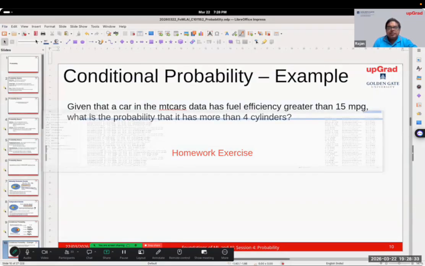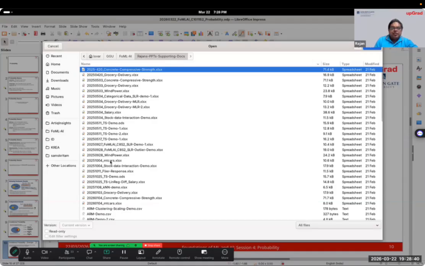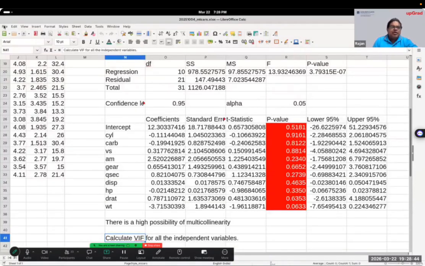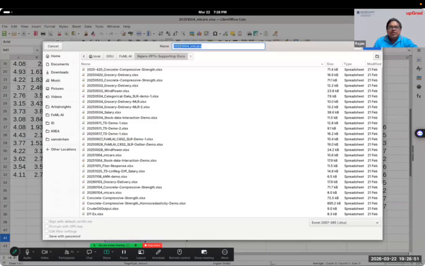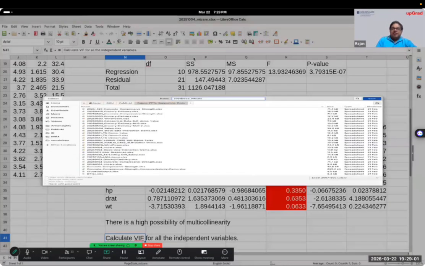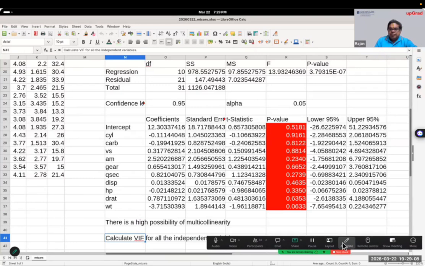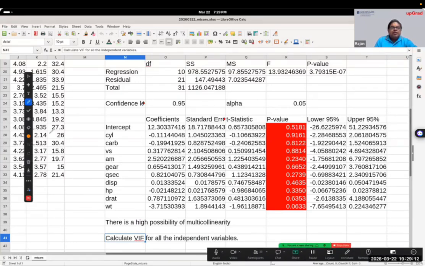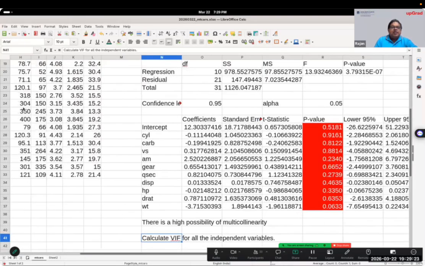Open mtcars. I'm going to open this and save it as, say, today's date. Since this is such an old data set, we have been using it for a long, long time. Here is the data.